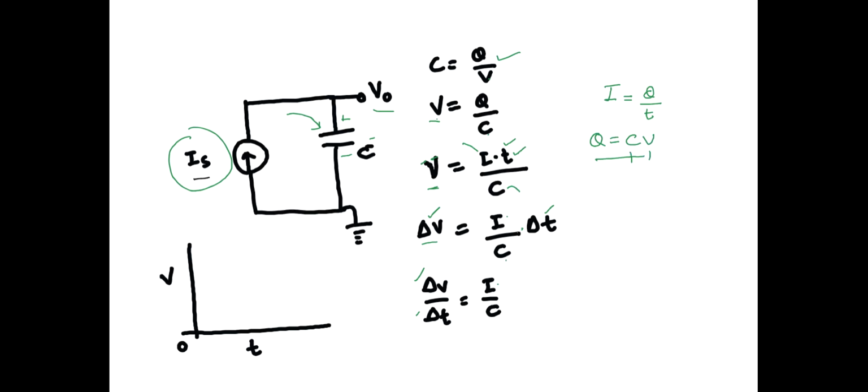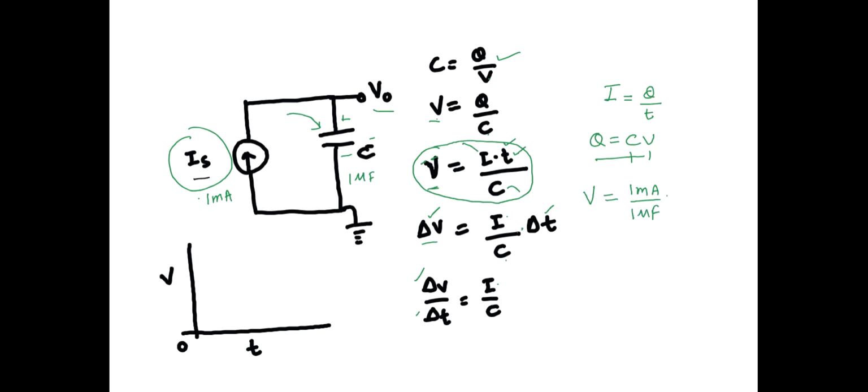So let's say you have this constant current source, which is 1 milliampere, and the capacitance is, let's say, 1 microfarad, and we use this equation to calculate the voltage across the capacitor in a given time. So I will be 1 milliampere over 1 microfarad, into 1 second.